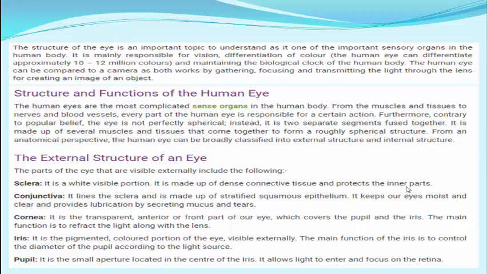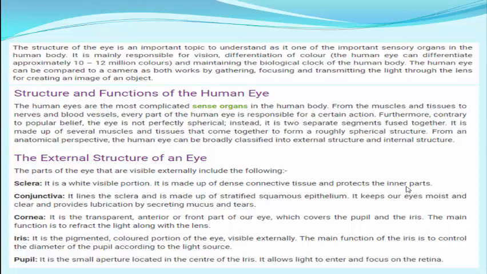Furthermore, the eye is not perfectly spherical. Instead, it is two separate segments fused together. It is made up of several muscles and tissues that come together to form a roughly spherical structure.